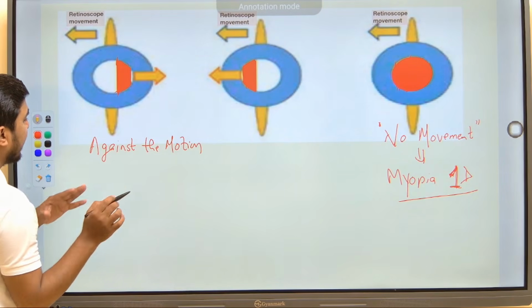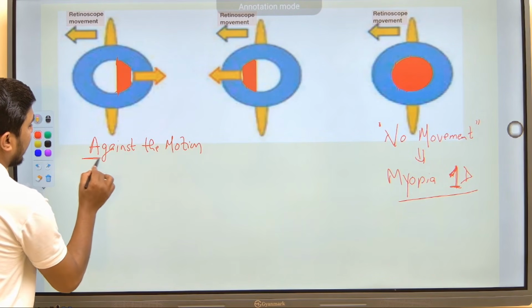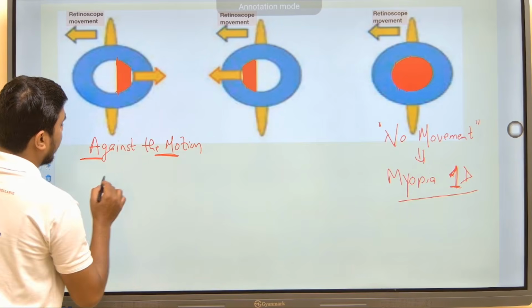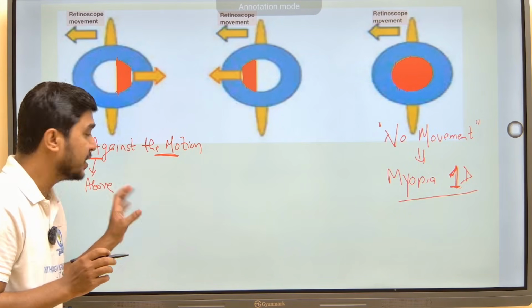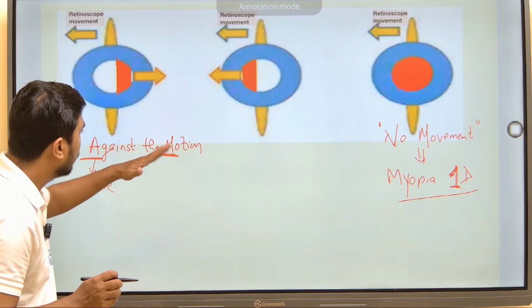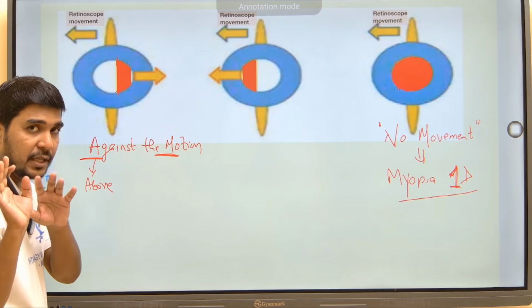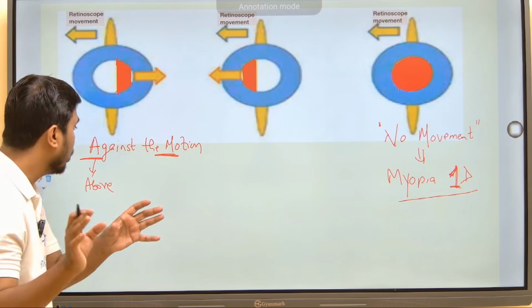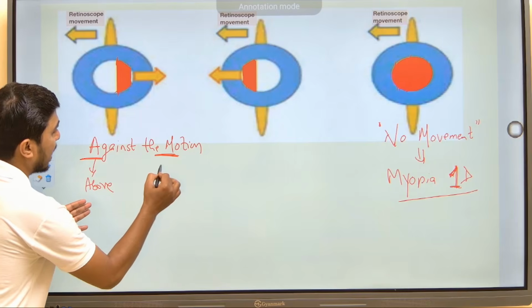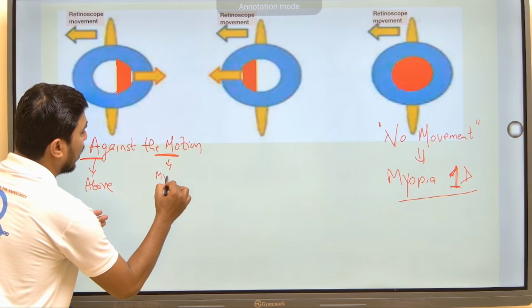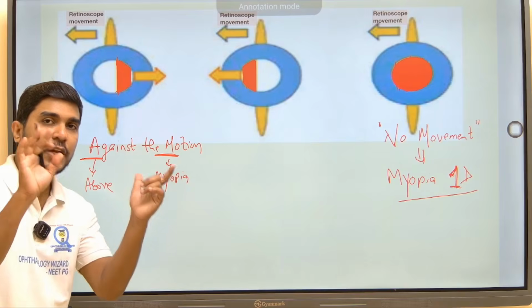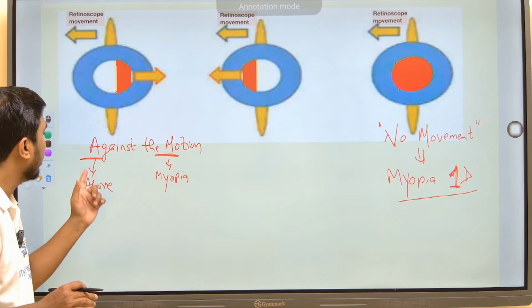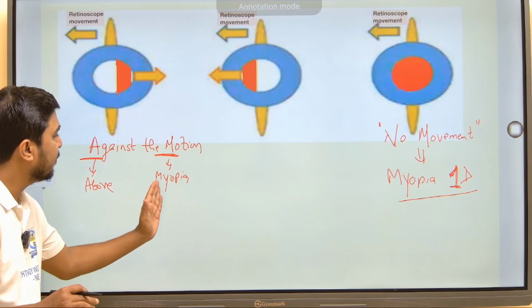Now, if it is against the motion, take this A word, take this M word. I'm telling you the mnemonics here, which is very important to remember. A for against, M for myopia. So against the motion, you need to remember against myopia.